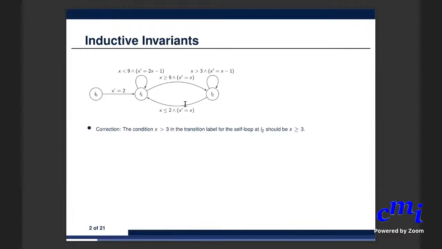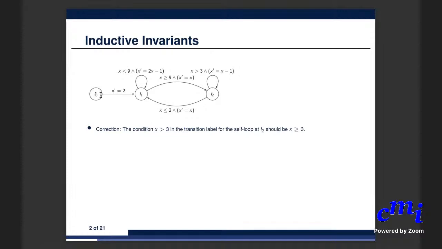Okay, so here is a program that I have shown in the form of a control flow graph. The program has 3 locations, L0, L1, and L2. L0 is the entry location. There is some initialization. The label on each of these transitions should be read as the statement that is executed at that location.